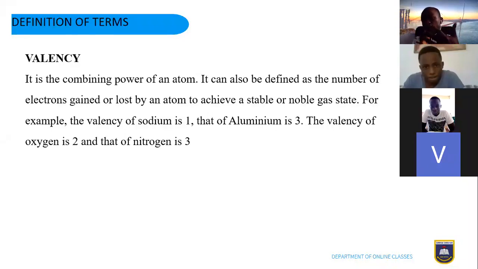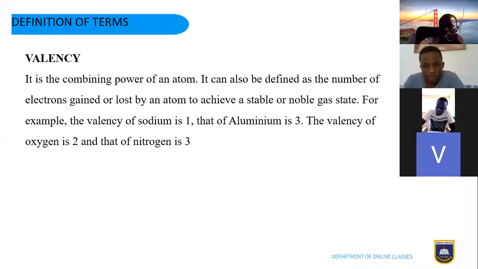When you give out electrons, you become positively charged and we call you a cation. So the charge for aluminium is +3, but the valency for aluminium is 3 because that's the number of electrons it can give out. The charge for nitrogen is -3.